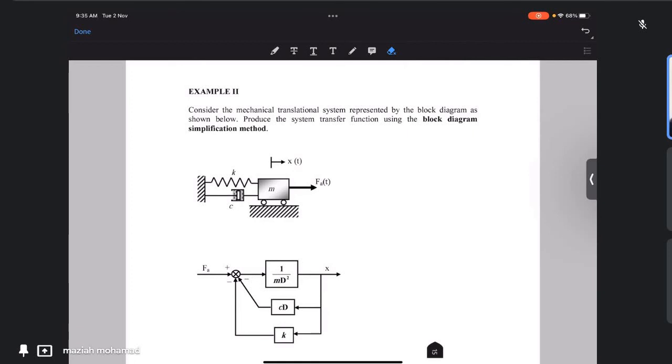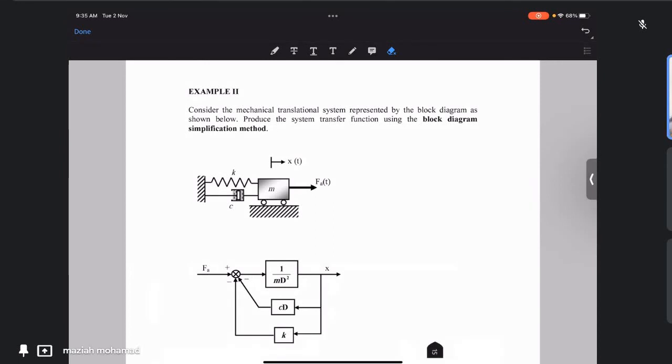Second, after you determine it is a feedback loop, you need to check if there is any summation point or pick off point that blocks it. Due to the summation point, we cannot simplify the feedback block.